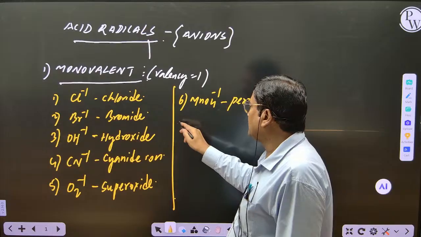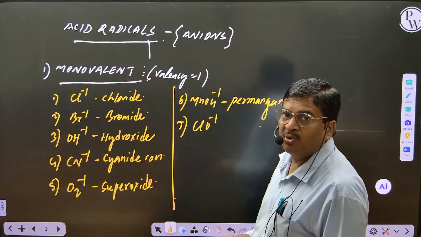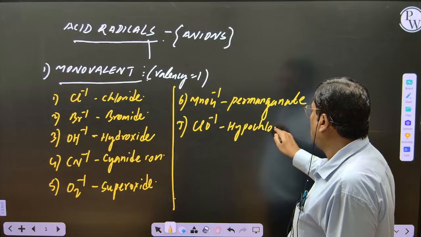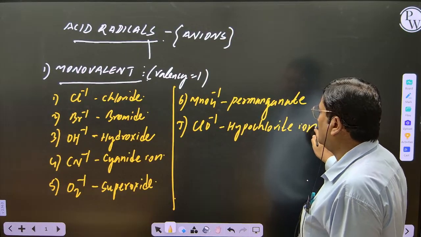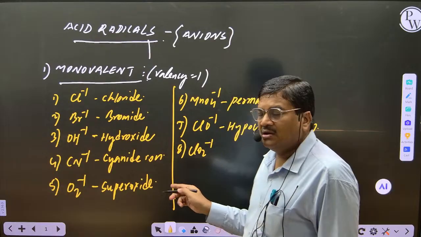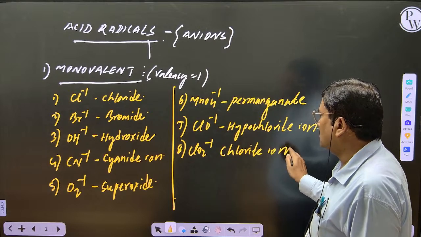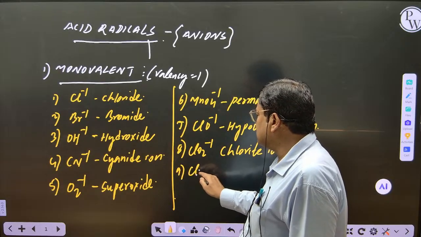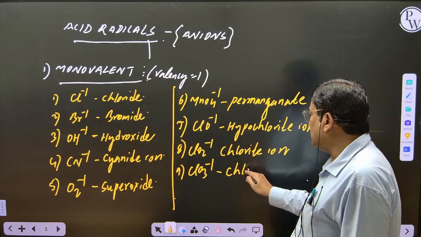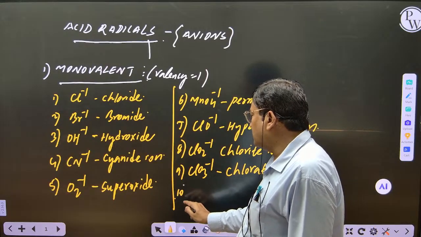ClO minus is hypochlorite ion. ClO2 minus is chlorite ion. ClO3 minus is chlorate ion. See the difference? ClO4 minus is perchlorate ion.